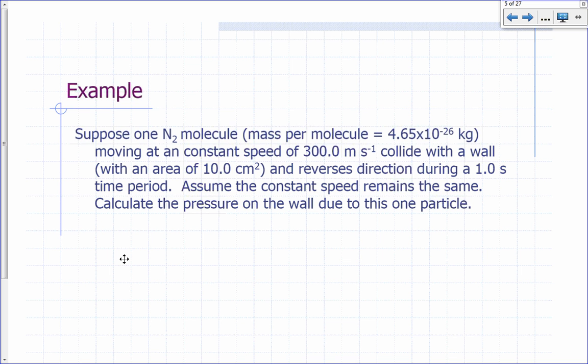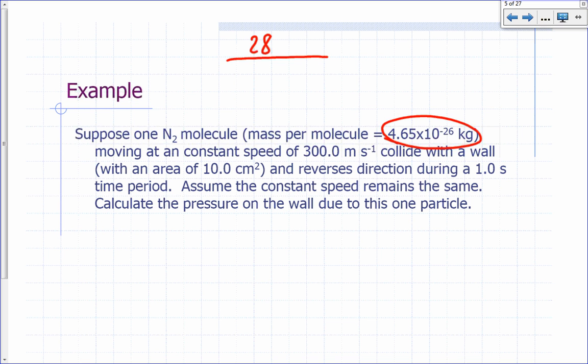Let's say you have one nitrogen molecule, and the mass for each N2 molecule will be a very small mass, 4.65 times 10 to the negative 26 kilograms. How do you get that number? If you recall, N2 is 28 atomic mass units, so that is for 1 mole.